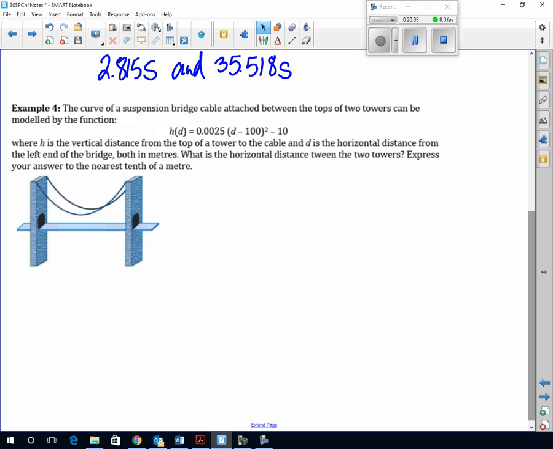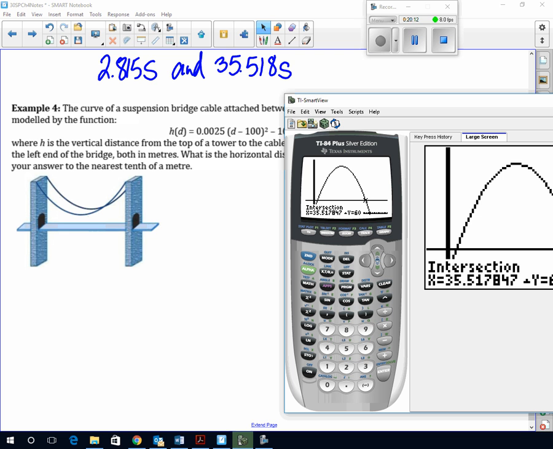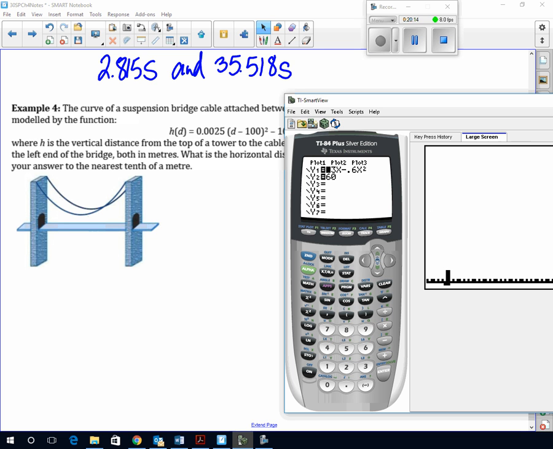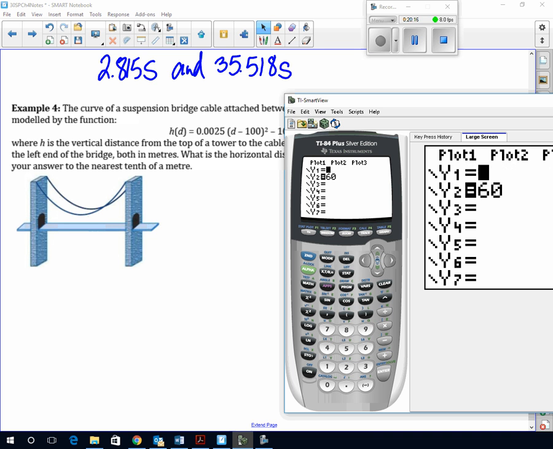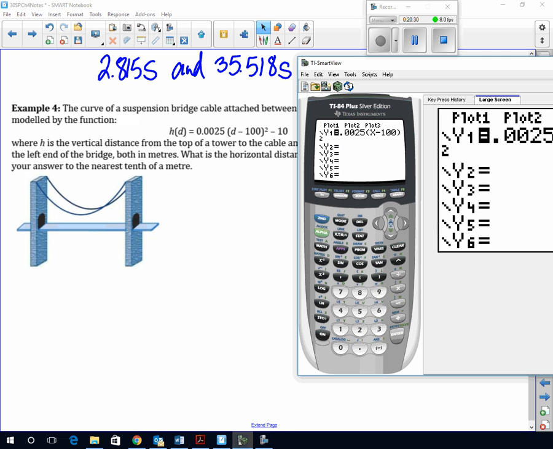Again, we're going to go to y equals, and clear this stuff out of there. 0.0025 bracket x, subtract 100, squared, minus 10. So subtract 10. I'm going to go to zoom 6 just to see what this is going to look like, and I don't see anything.